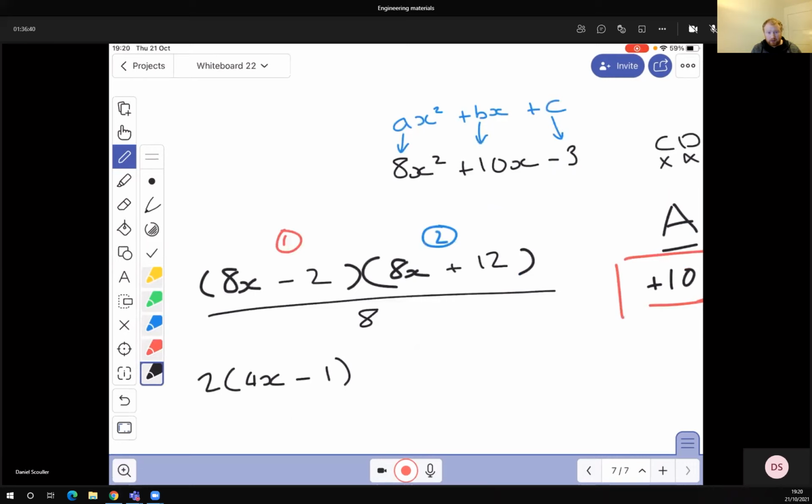What's the common factor there? What goes into 8 and goes into 12? The answer is 4. Be careful, because we could also write the number 2. The number 2 goes into 8 and into 12, but you're looking for the highest possible number that goes into both of those terms.